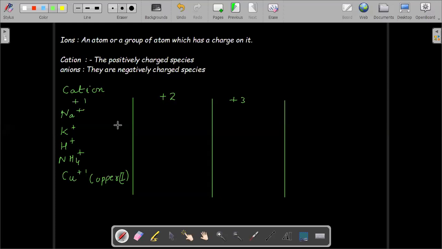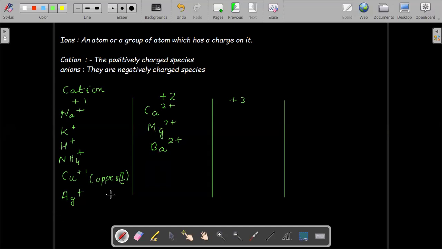Alright. Now, for the cations having the charge +2, they are calcium, Ca2+, magnesium, Mg2+, barium, Ba2+. For the cation, you have one more, I just remembered, that's silver, Ag+.